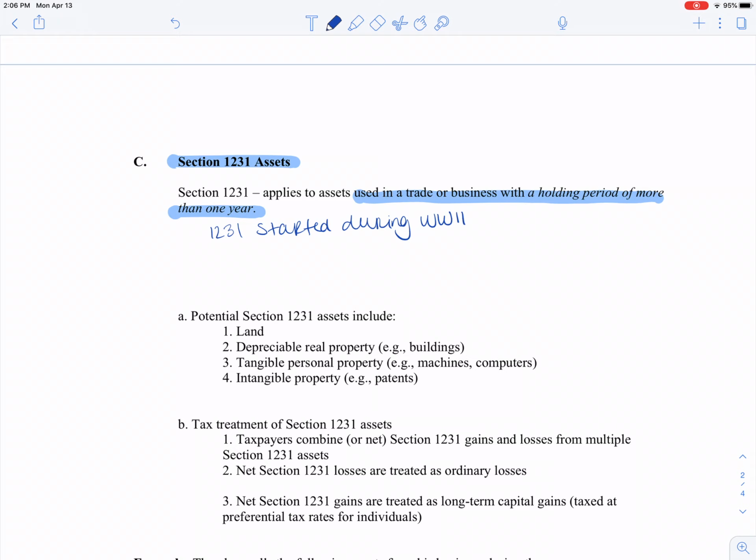And when war was hurting the economy, the government started this classification of 1231 assets to encourage businesses to invest in new assets. So we're hoping to stimulate the economy, and we'll talk about how this would happen as we keep going.